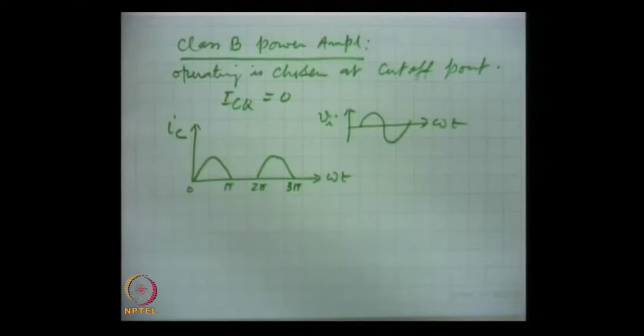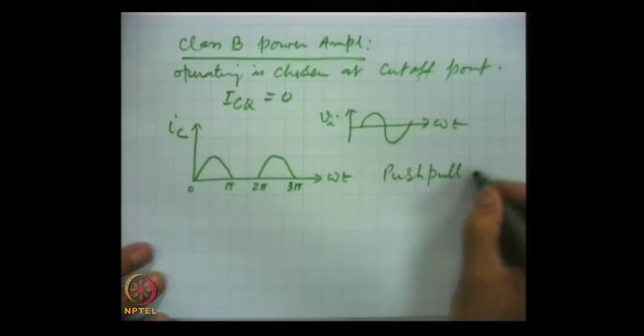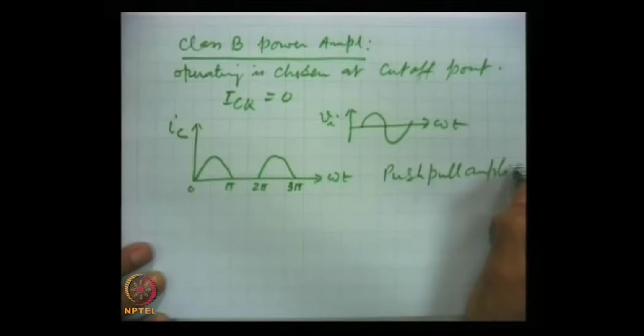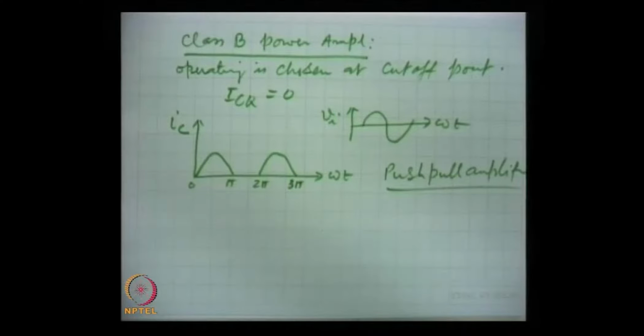So, how to make class B power amplifier useful? Instead of one transistor, two transistors are connected in a special circuit which is known as push-pull connection. The amplifier which makes use of push-pull connection of two transistors is known as push-pull amplifier, which is a class B amplifier.